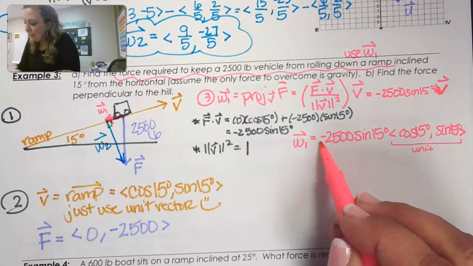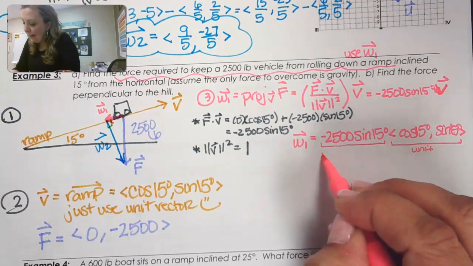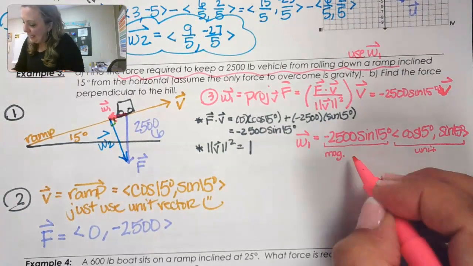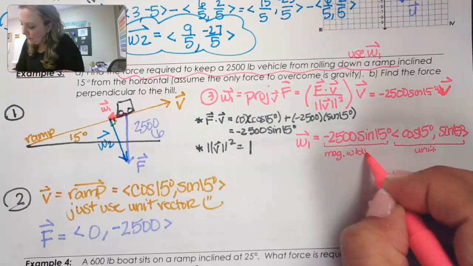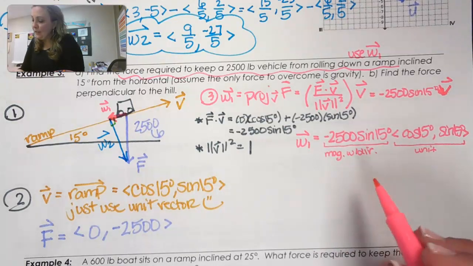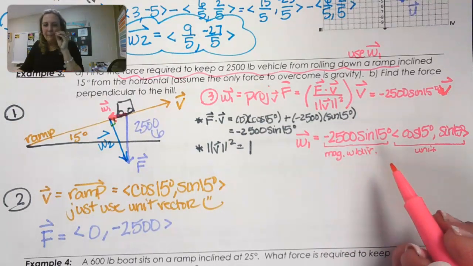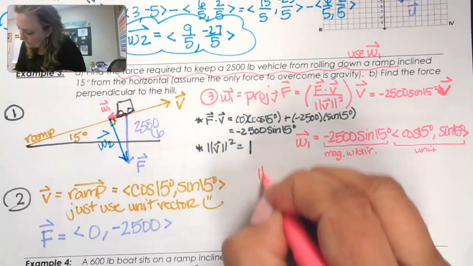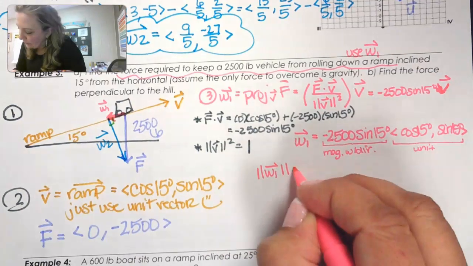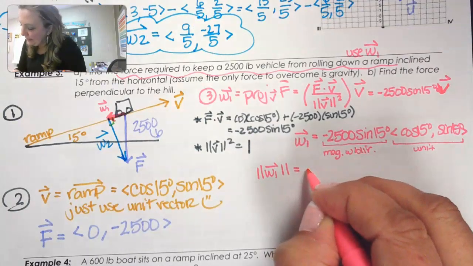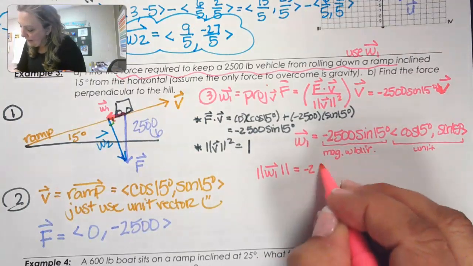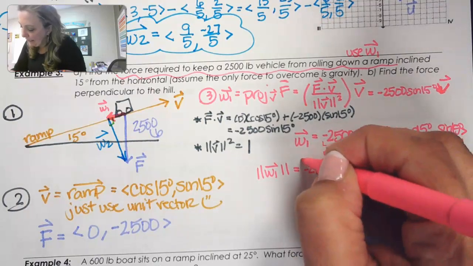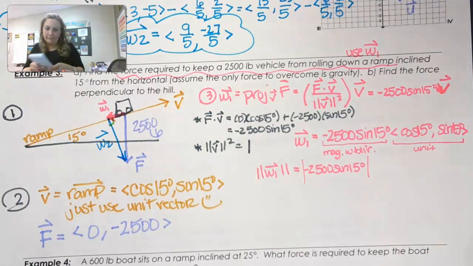One of the things we mentioned is that we can look here for our magnitude. But that magnitude, notice, has a direction with it as well. So all we're going to do is find the magnitude but ignore the sign. So we're going to say that that is negative 2500 times the sine of 15 degrees. We could think about taking the absolute value of that.